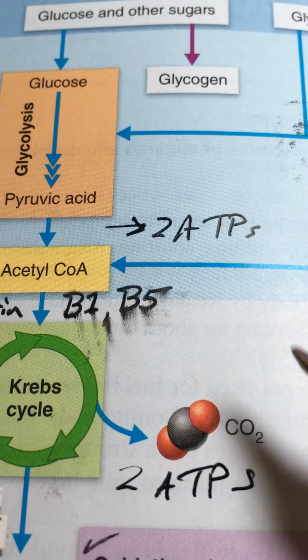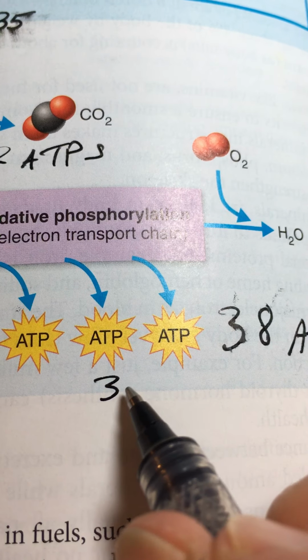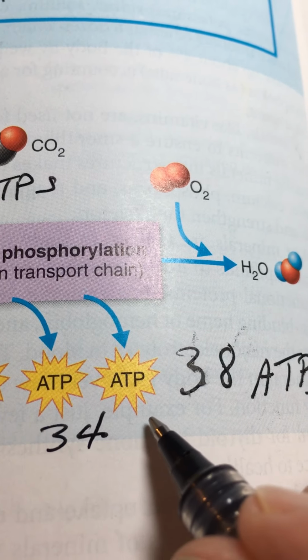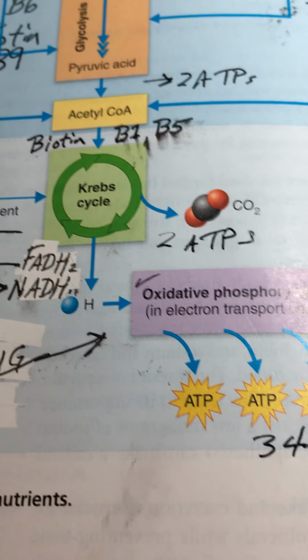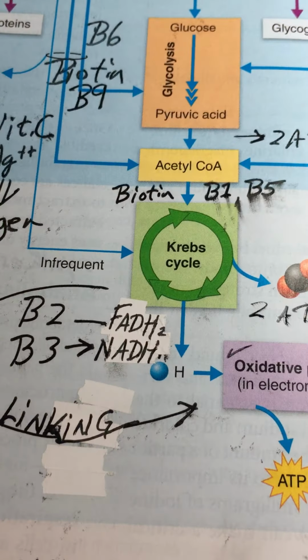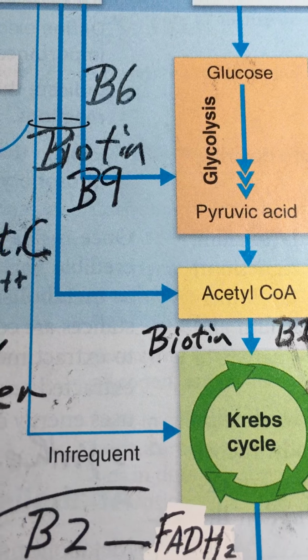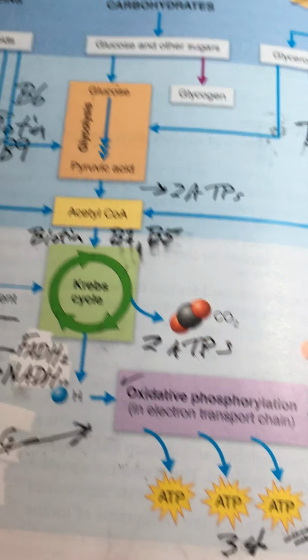And so we got 2 ATPs, 2 ATPs. We have 34 ATPs here that are ultimately going to add up to 38. 2 plus 2 plus the 34. So that's what we have in our situation. And 2 ATPs plus the 2 from before, and 34 right here to 38.